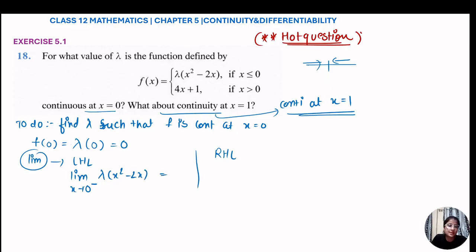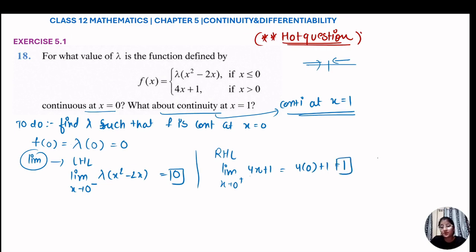If we put in 0, its limit value will be 0. It's very easy for you to find. Now the limit as x tends to 0 from the positive side, that is the right hand side, where the function is 4x plus 1. So this becomes 4 times 0 plus 1, that is nothing but 1.